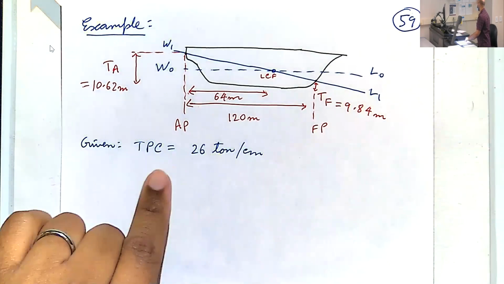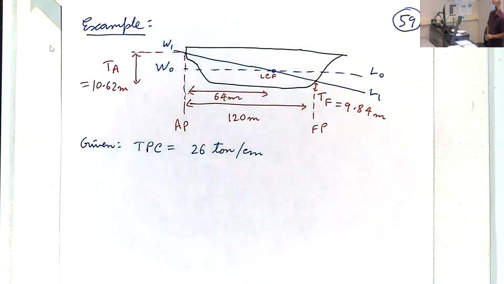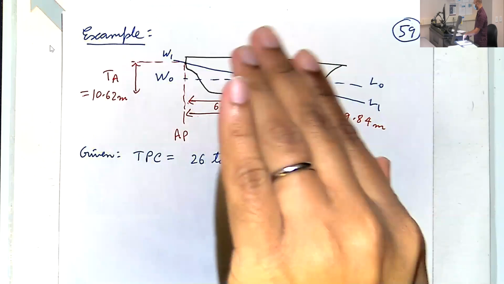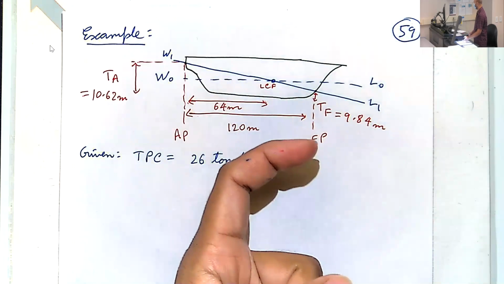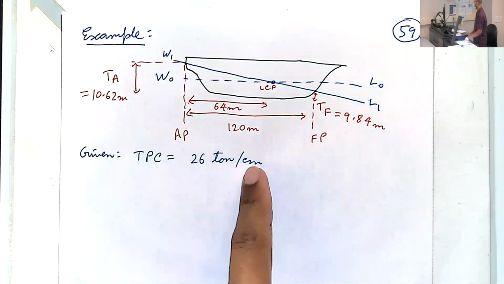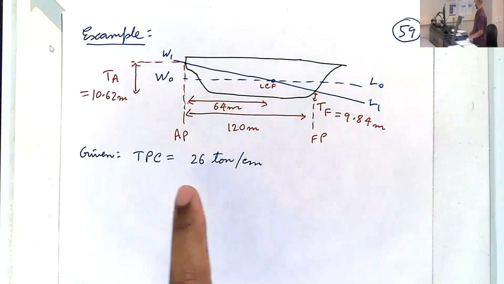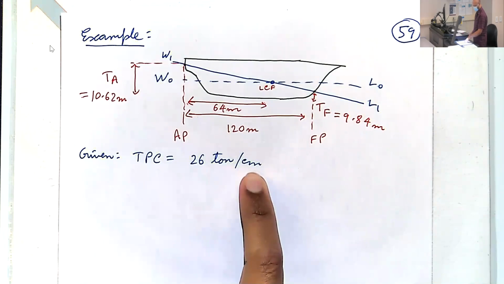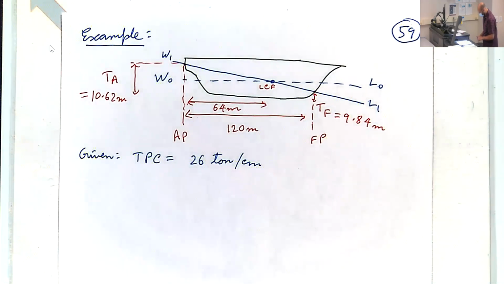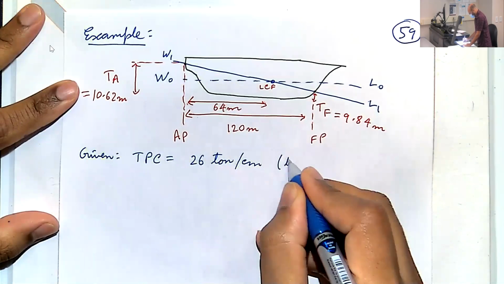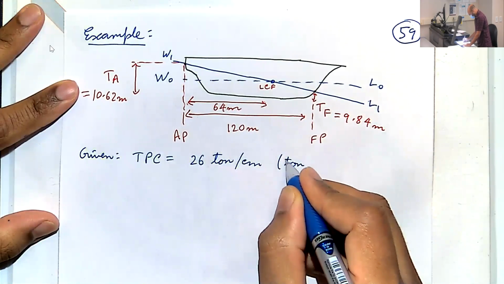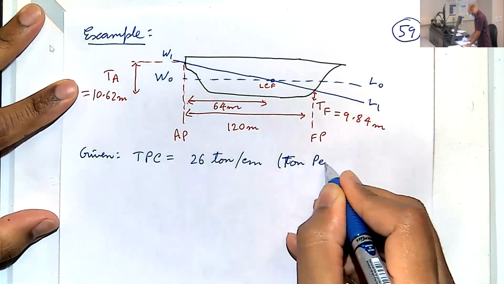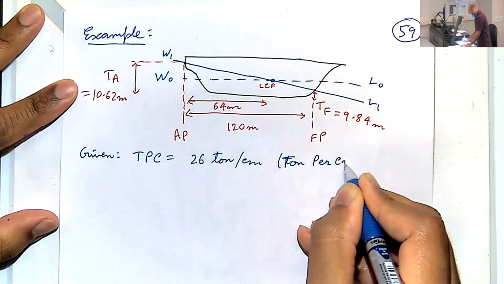If you remember, we talked about this a while ago. So this is how many tons you need to add to increase the water level by 1 centimeter, or how many tons you need to remove to decrease the water line by 1 centimeter. So TPC is just ton per centimeter.